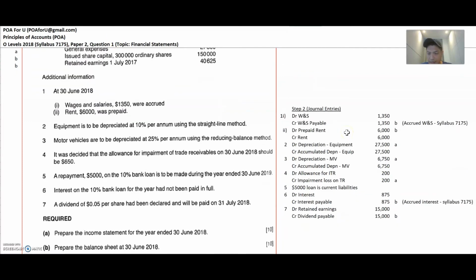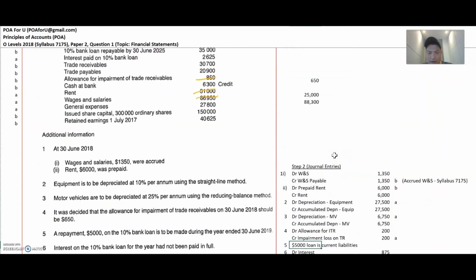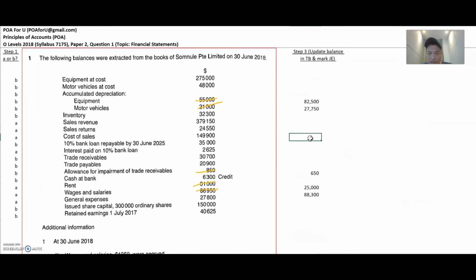All right, and then this other number I'm going to bring to the statement of financial performance, so I'm going to mark A, as I mark A here. Okay, the 5,000 loan is a current liability, so I'm going to put a note here: 5,000 is current liability and 30,000 is long-term liability. I'm going to take this and cross it out properly.